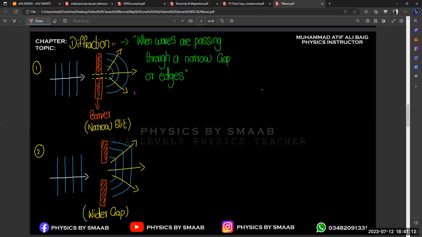So for the first diagram, we simply write that the wavelength will be greater than the gap size of the barrier, right?